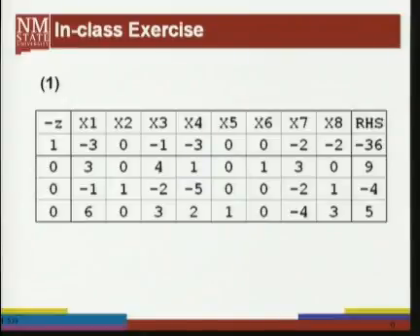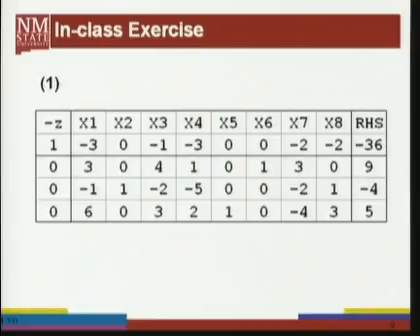So is this the optimal table? Yes, this is the optimal table. Why? Because there is no positive relative profit, right? Which means there is no positive coefficient in the objective function row. So this is the optimal table, right?